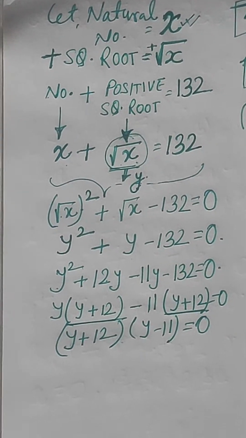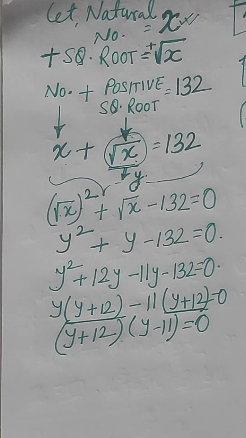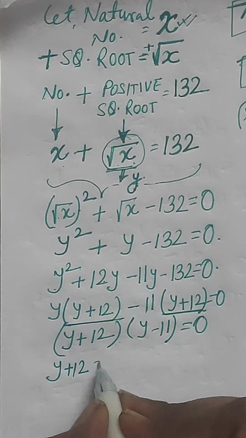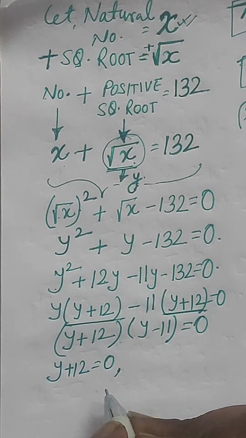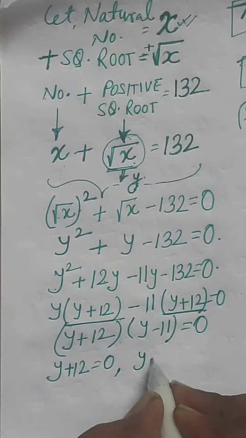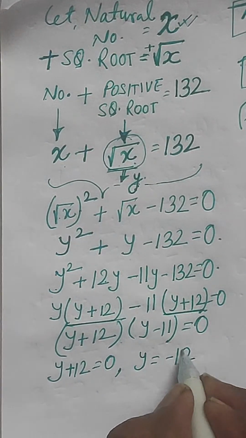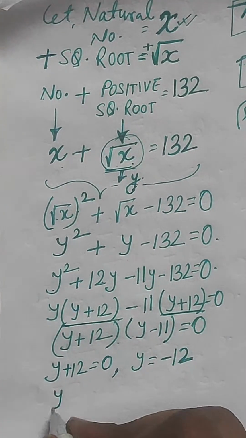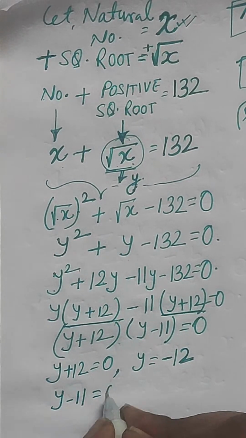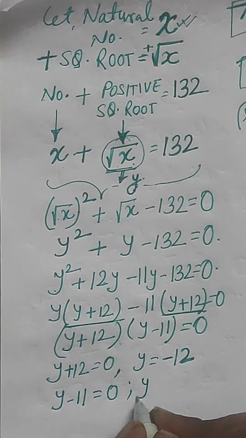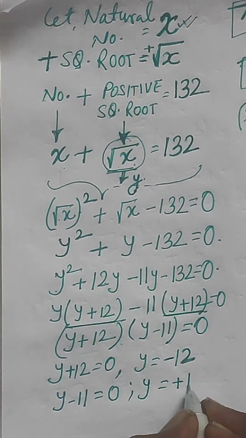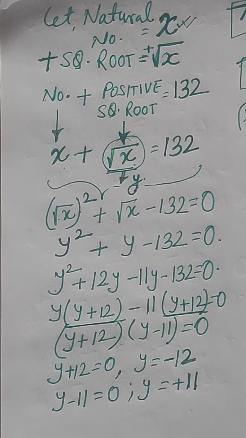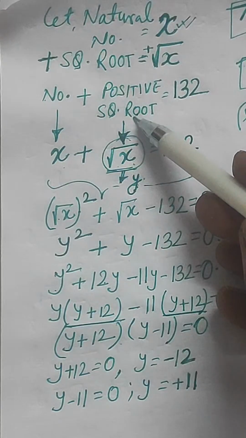This will give you, when you equate y plus 12 equal to 0, y equal to minus 12, and when you equate y minus 11 equal to 0, y equal to plus 11, because it's given the sum of the number and its positive square root.